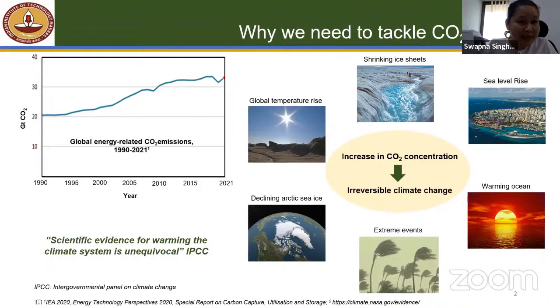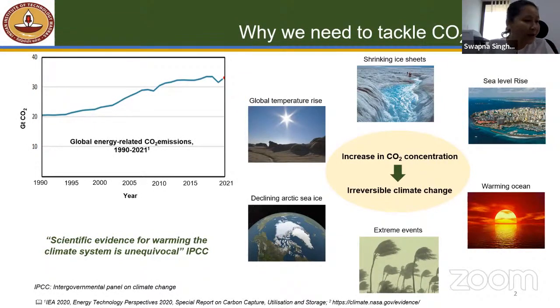So something is happening, global warming is happening. That's why temperature is rising. Another example is the shrinking of ice, the ice is melting. In the reports or the news, you must have heard how Greenland, Iceland, and Antarctic ice has been decreasing.